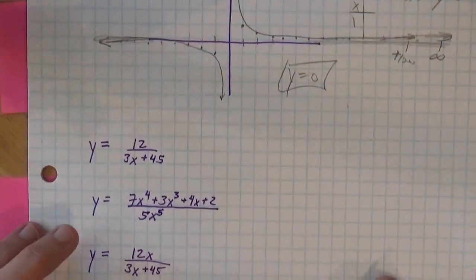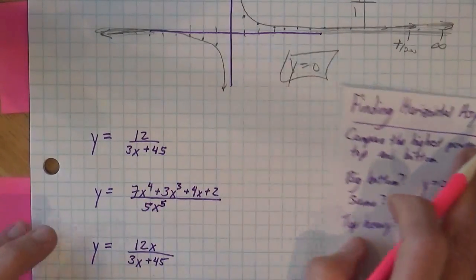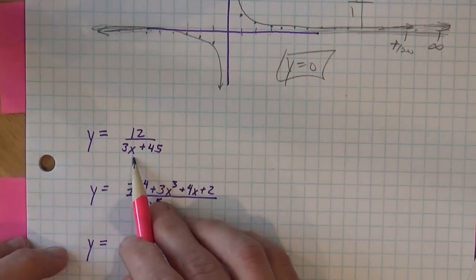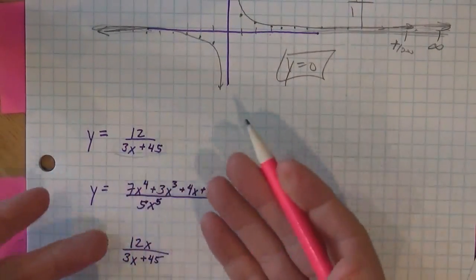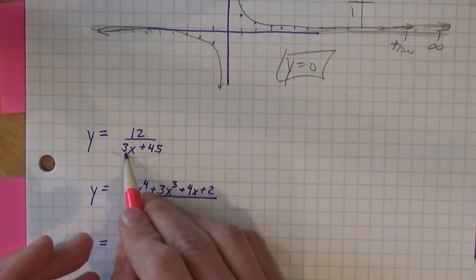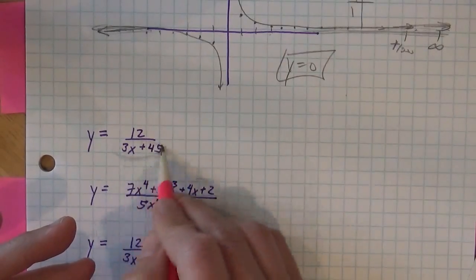And then if I have other cases, like this one here, you're looking and you're like, okay, well, I want to know what happens when x gets really big. Well, when x gets big, this bottom gets ginormous, right? It's like 3 times 100 plus 45, or 3 times 1,000, or 3 times 1,000,000,000 plus 45 is a really, really big number.